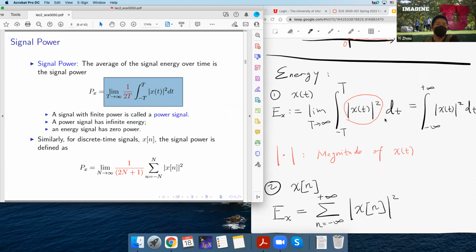In the energy, we did not. So if this is finite, then informally, you can say that as T goes to infinity, we are dividing this part by 2T, and T is going to infinity. So if this is finite, then this part must be infinity.